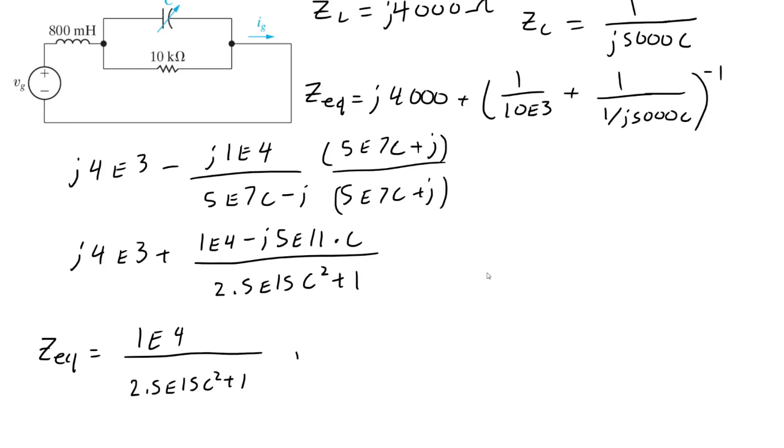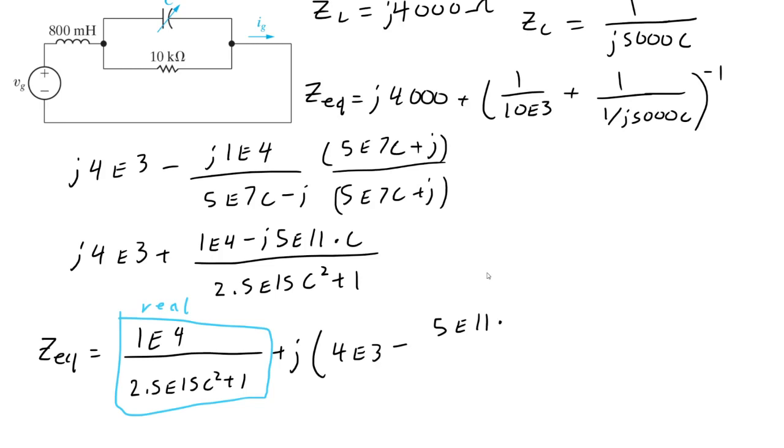That's going to be a real component. I'm going to separate the real and imaginary components so we can solve. So this is a real right here. And our imaginary is going to be 4,000 minus 5e11 times C over 2.5e15 C squared plus 1.